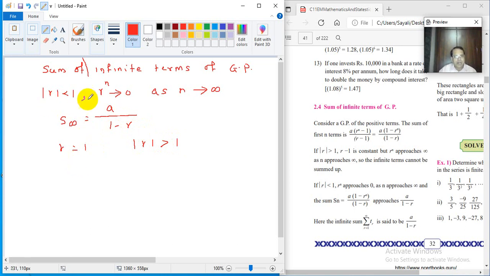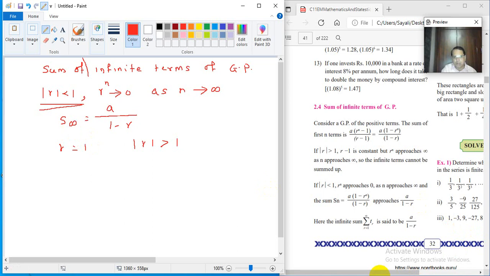But whenever mod r is less than 1, this formula is to be applied only when mod r is less than 1. Then the sum up to infinitely many terms is a upon 1 minus r. This is to be remembered properly, and it helps you make many different calculations.